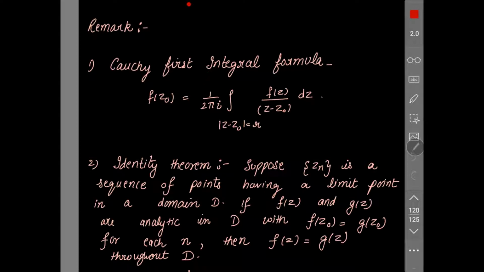Suppose zn is a sequence of points having a limit point in a domain D. We have given zn to be the sequence of points z1, z2, z3, z4, and it has the limit point in the domain.